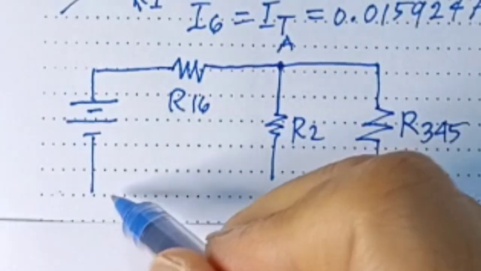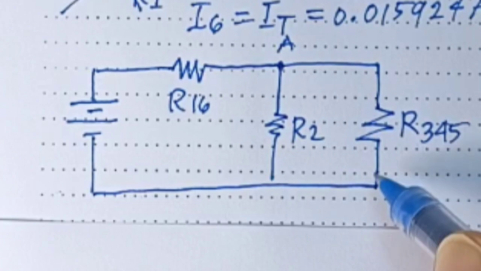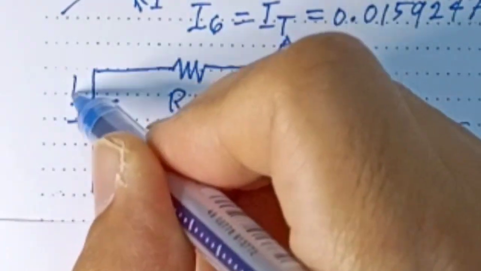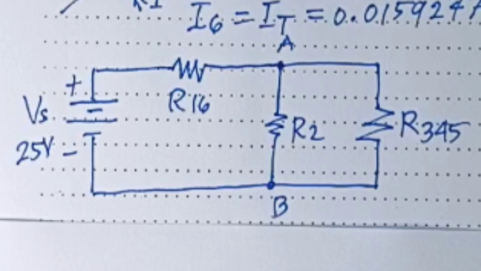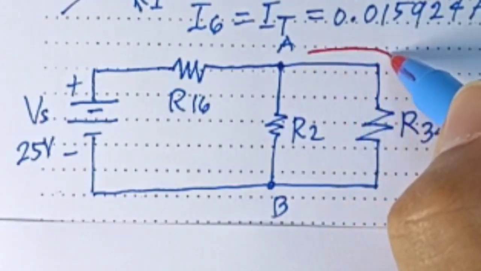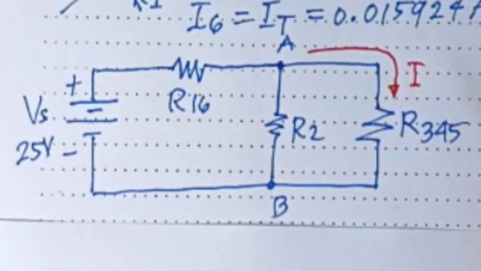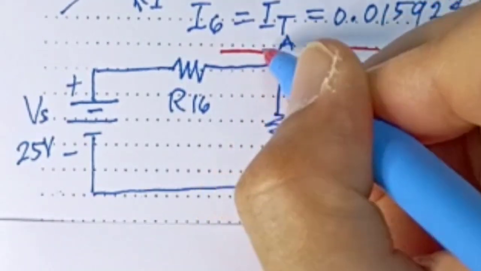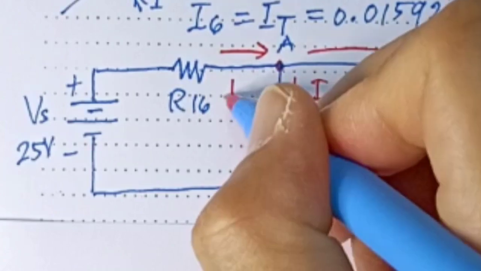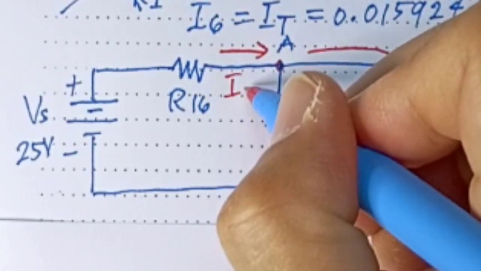So we call it R345, right? Let's put the values here. There will be a current going in this way, which we call I345, and a current going this way, which we call I2, and a current going towards the node A, or the point A.